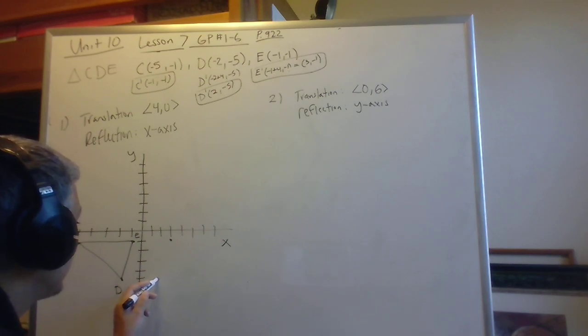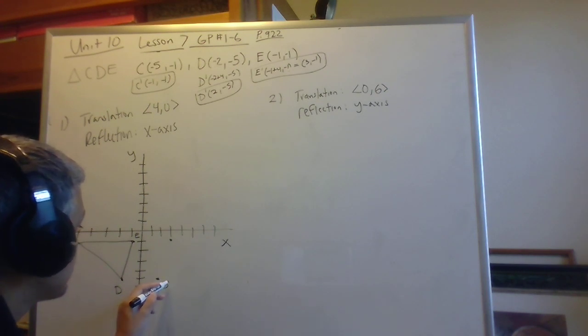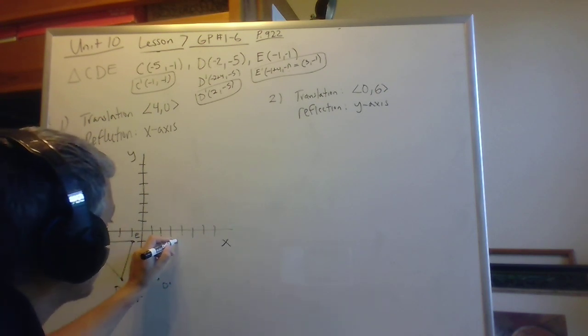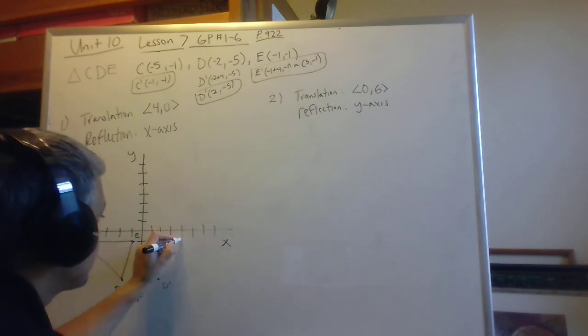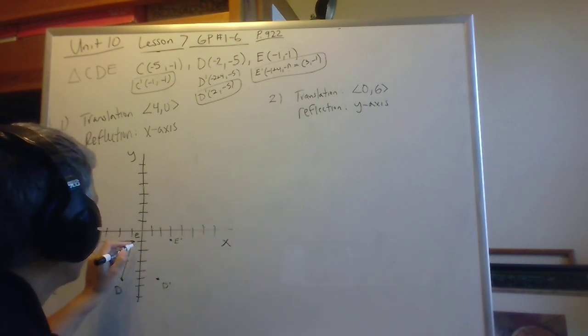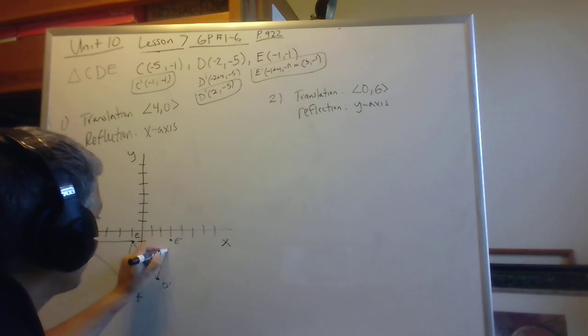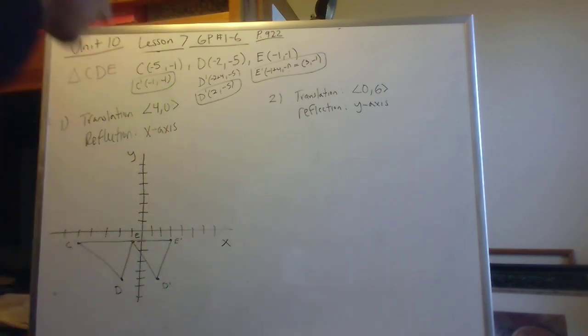So right here, this is our E prime, and this is our C prime. So we have this triangle shifted over now, and now it wants a reflection across the x-axis.